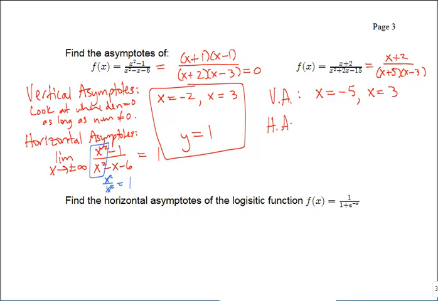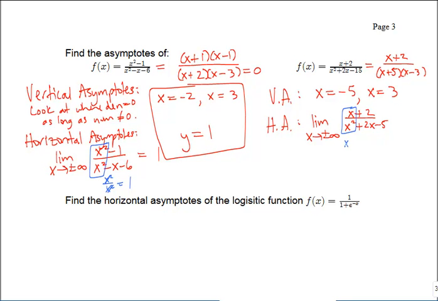Then to find my horizontal asymptotes, we're going to take the limit as x goes to plus or minus infinity of this rational function. It'll give me the same answer whichever way I do it. And I'm going to look at what dominates in the top over what dominates in the bottom. I have an x over an x squared.